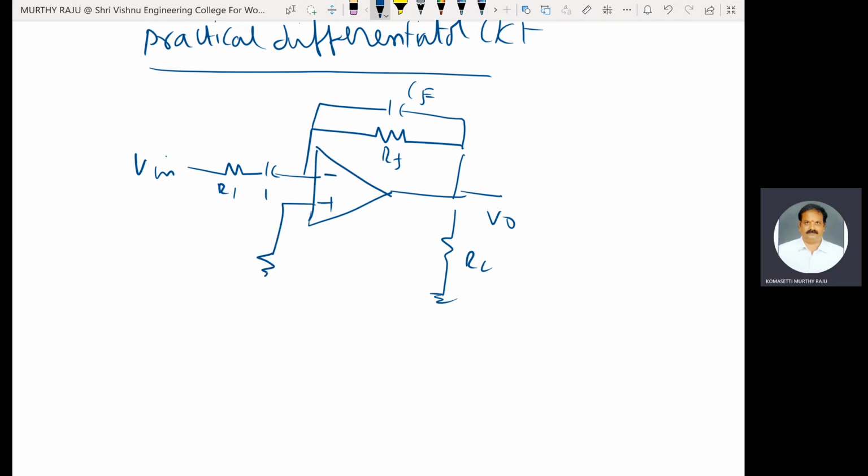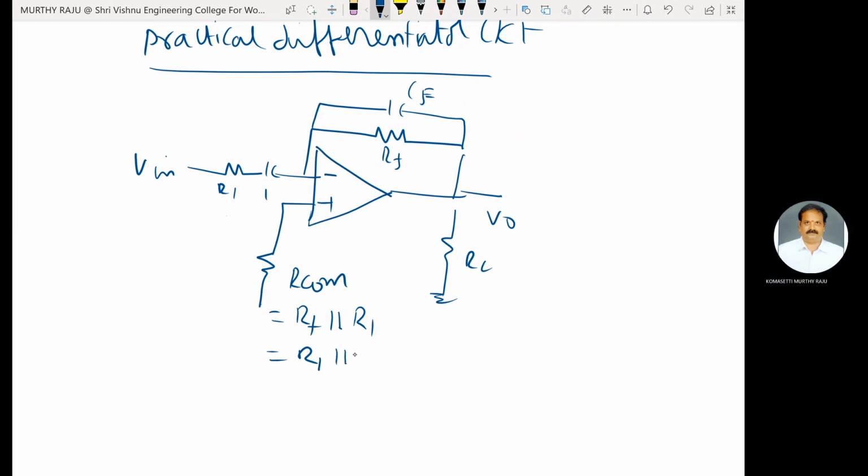Here some R compensation circuit is there. That is RF. Another resistance is also connected here, the bias compensation resistor. R compensation is equal to R1 parallel to RF, and RF parallel to R1 is approximately equal to R1.